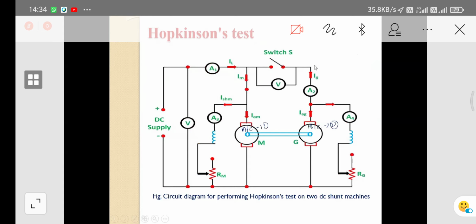You can see, coupled mechanically and connected electrically.